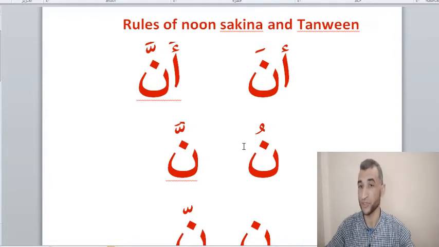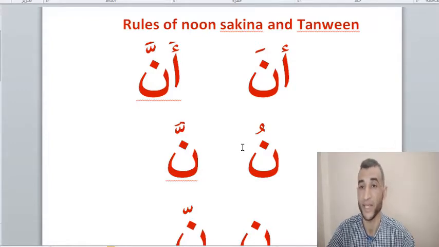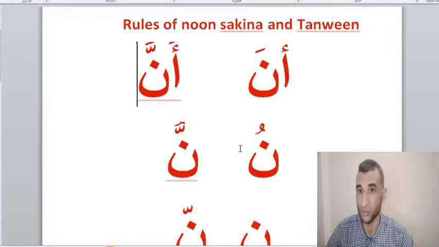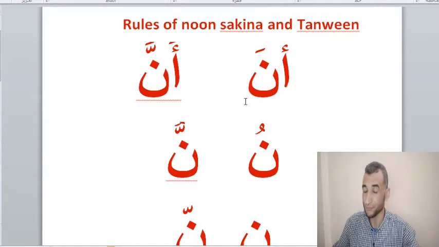What is the difference between these shapes of the letter Nun? And what is the difference between the movement Nun and the consonant Nun? Okay, let's have a look and focus with me.